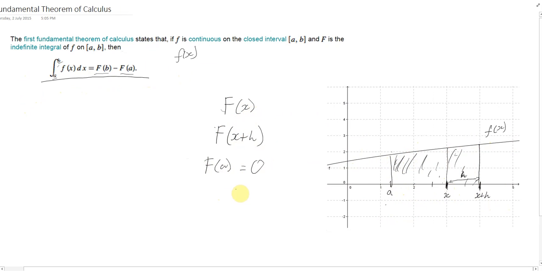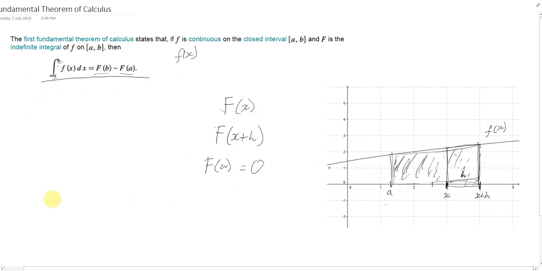Okay, what we're going to be investigating in particular is the area of this little sliver here. What is that area going to be? Well, we can see that it's the area of this whole bit, take away this area here.